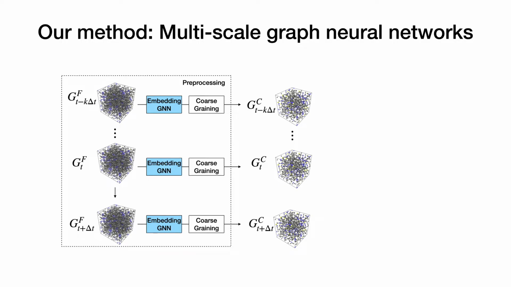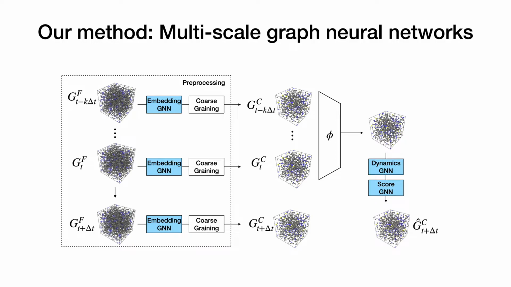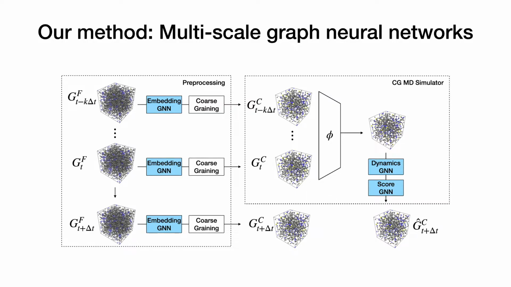Our model predicts the next step configuration based on a history of k steps. The state history is featurized through a featurizer phi, and the featurized state representation is fed into the dynamic GNN and score GNN to predict the next step structure. The featurization step and prediction step together compose the CGMD simulator, which only operates at the coarse-grained level.